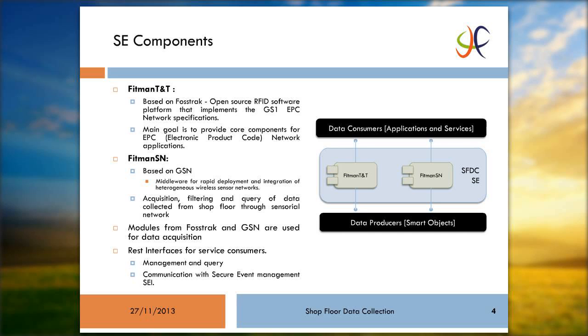So what this specific enabler does is make use of all these components like FastTrack and GSN to acquire the data from the shop floor, and on top of that we provide our own interface for querying the data, for small management queries, and for interfacing with the secure event management specific enabler.